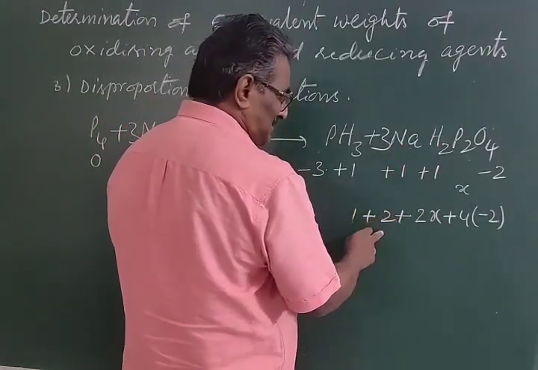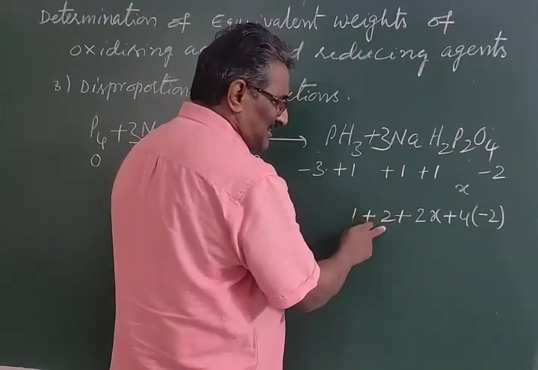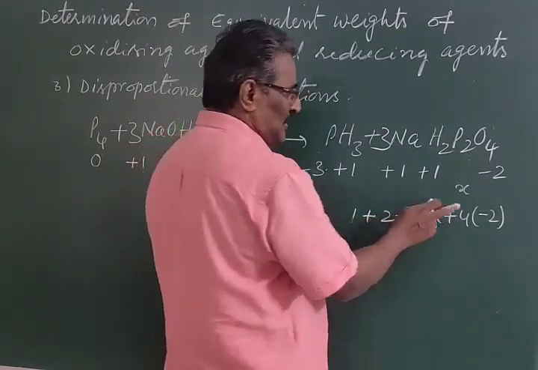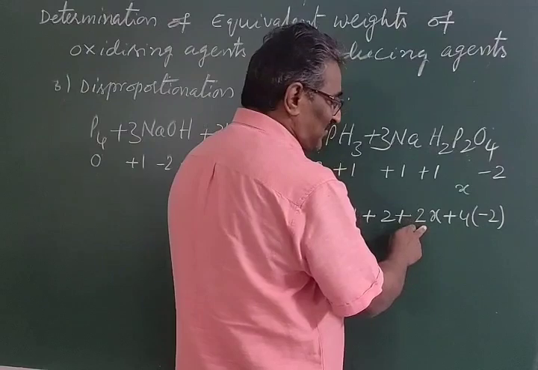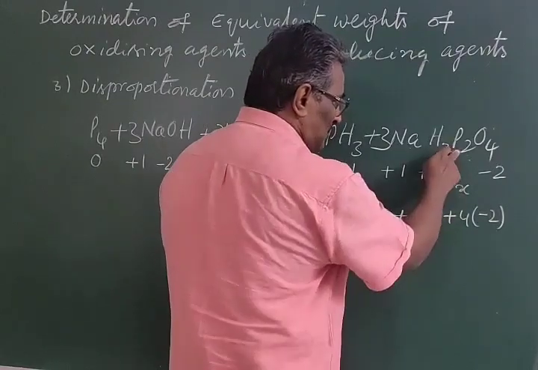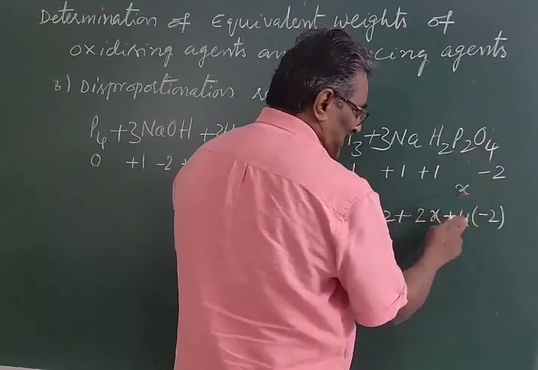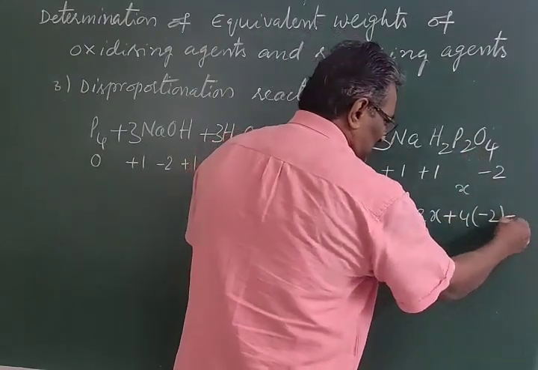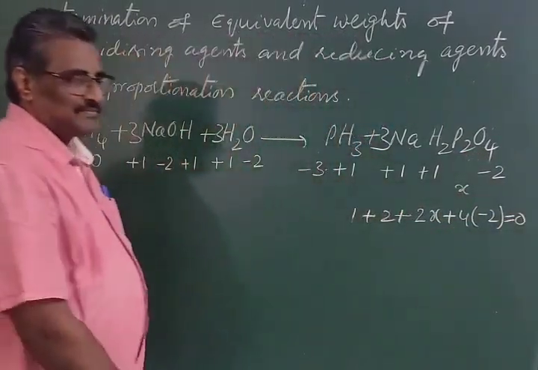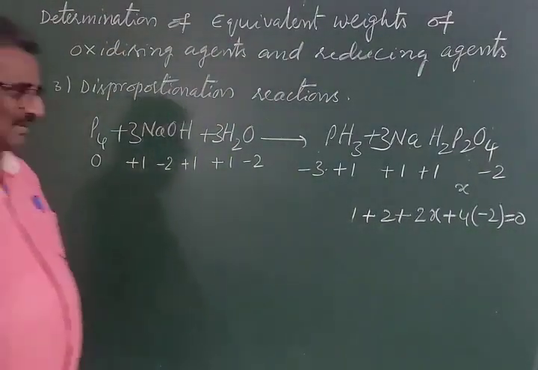Oxidation state of hydrogen is +1. As there are 2 hydrogens, 2 into +1 is +2. If oxidation state of phosphorus is X, there are 2 phosphorus atoms, so +2X. There are 4 oxygen atoms, so 4 into -2, and the total is equal to 0.